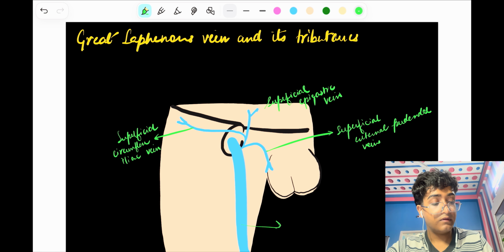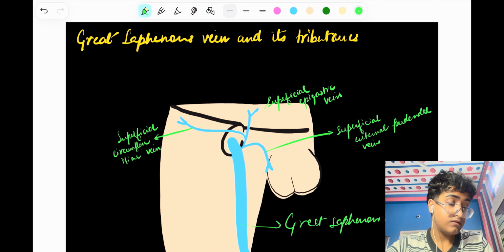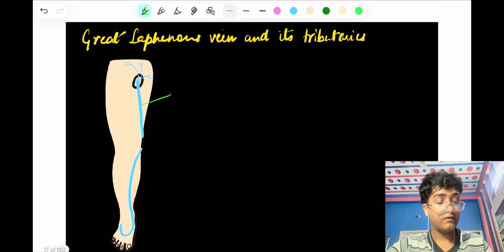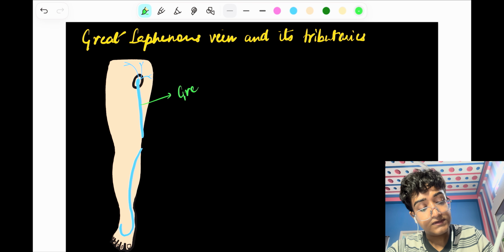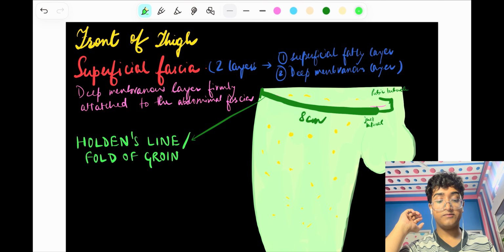And this one, you know what this is? This is the great saphenous vein. Similarly, this one is the great saphenous vein. And these are the tributaries. So we are done with the superficial fascia of the anterior aspect of the thigh.